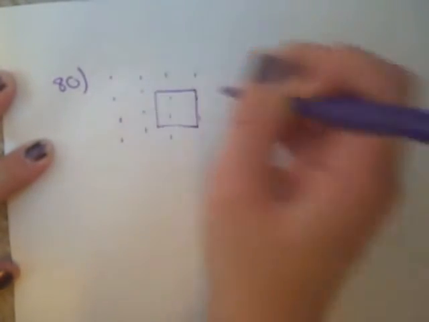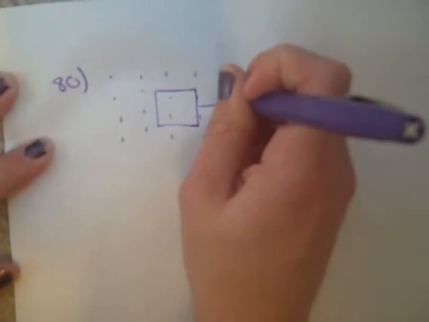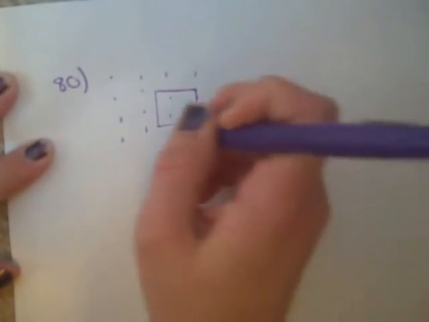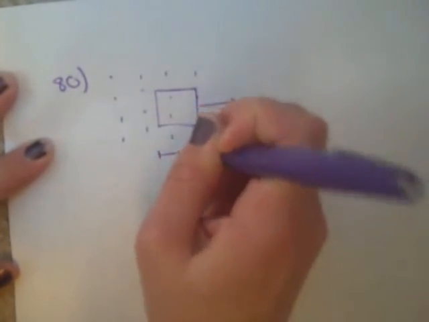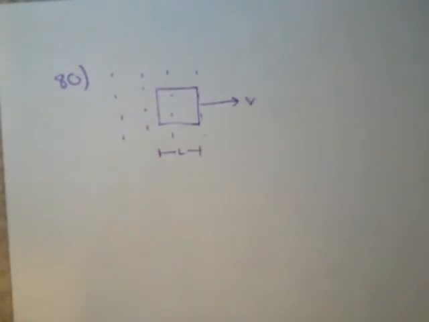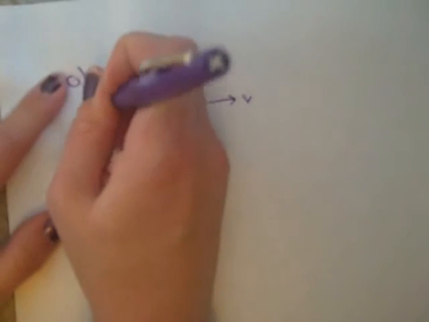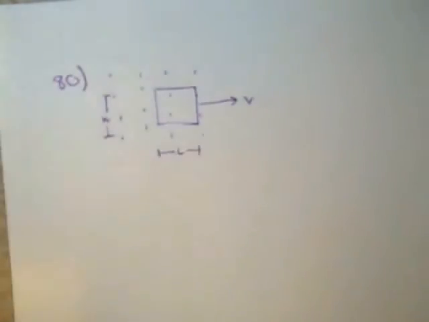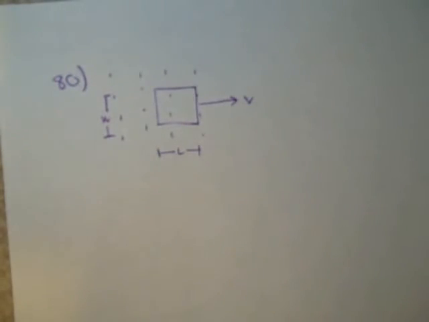And in that magnetic field is a loop that is moving to the right, and it has a side length of L. And then on the other side here they call it W for width. And it's moving to the right, and so in A we want to find the rate of change in the magnetic flux at different points.